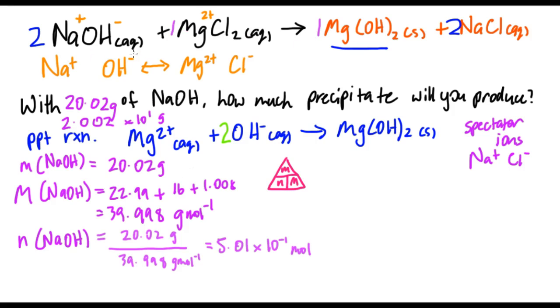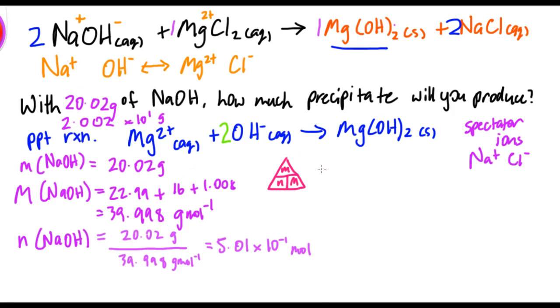So in the reaction, for every 2 moles of sodium hydroxide, we need 1 mole of magnesium chloride, and you'll produce 1 mole of magnesium hydroxide and 2 moles of sodium chloride. So, according to our molar ratio, we can now compare what we want to know, magnesium hydroxide, to what we do know, which is how much sodium hydroxide we actually have.